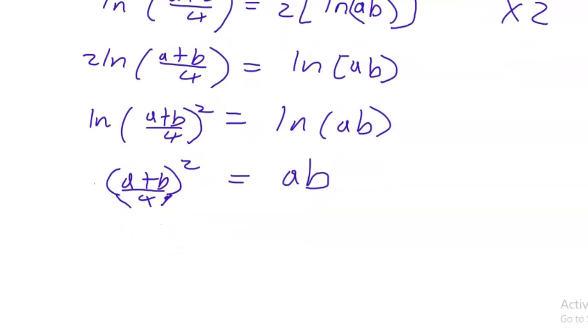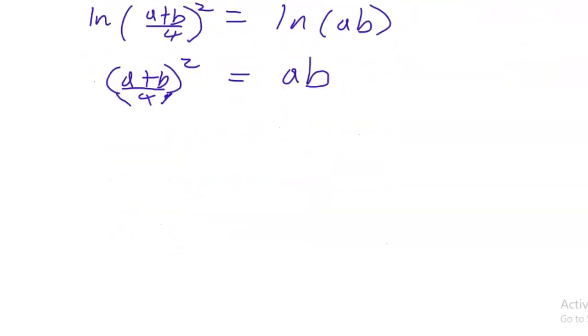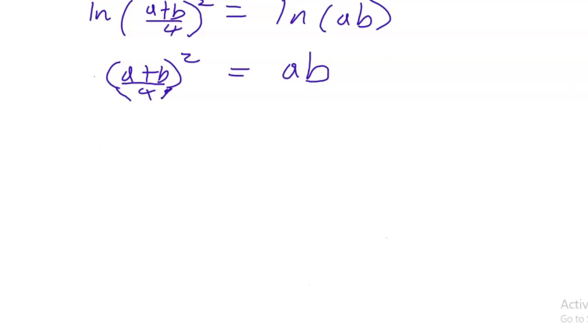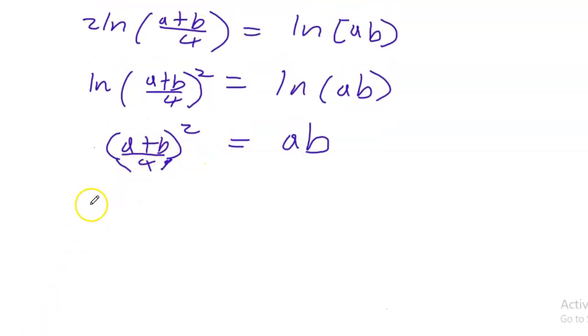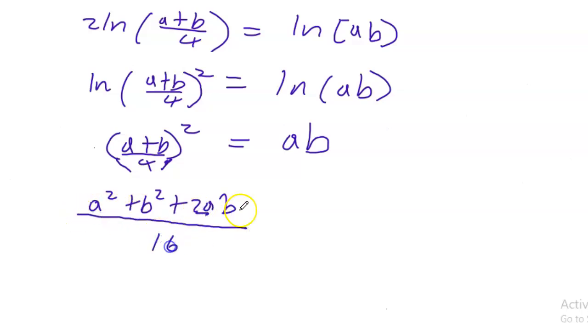Now let us expand. So we expand this, we end up with a squared plus b squared plus 2ab. And we square the denominator, of course, we get 16, is equal to ab. And of course we can times both sides by 16.